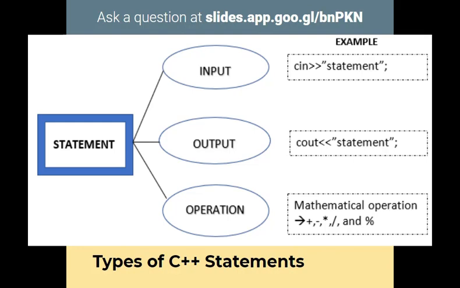In the example under input, the command is cin, which means console input, followed by the double arrow right, which refers to accepting something. For output, we use the cout, or console out, statement.